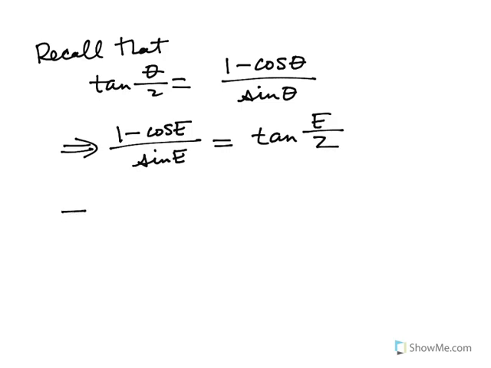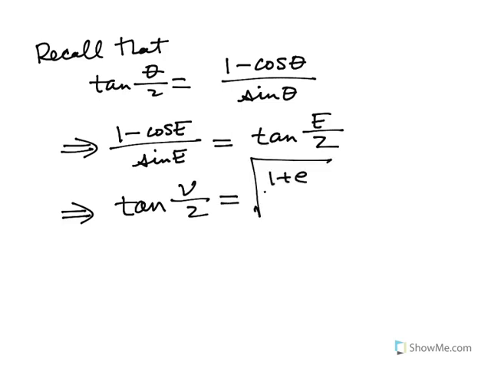Now, that gives us an expression, interestingly enough, in terms of the half angle of the true anomaly, the tangent of the half angle of the true anomaly, in terms of the half angle of the eccentric anomaly. And that's the expression that we get.